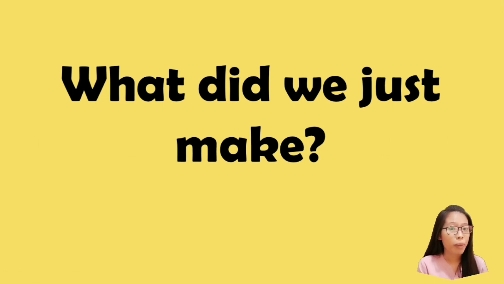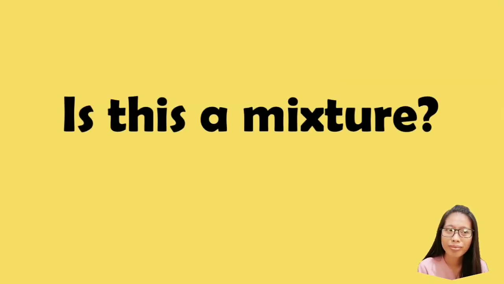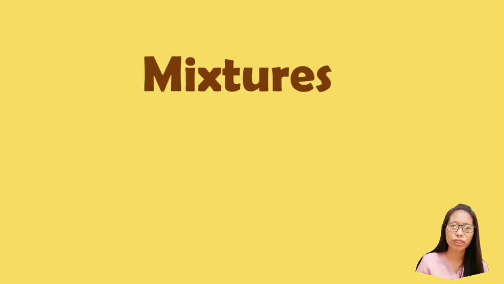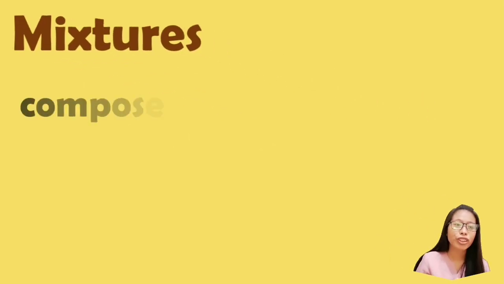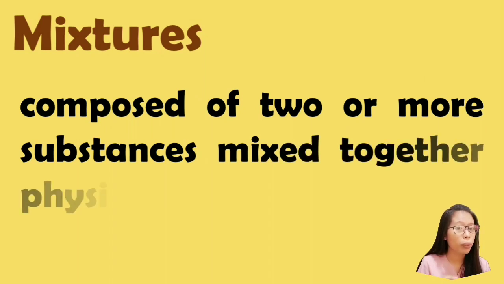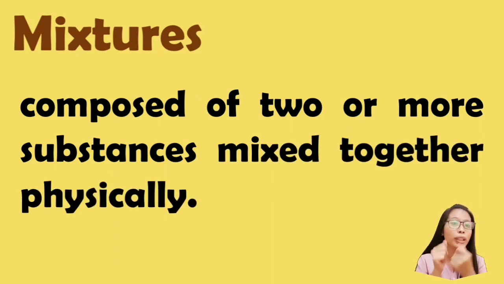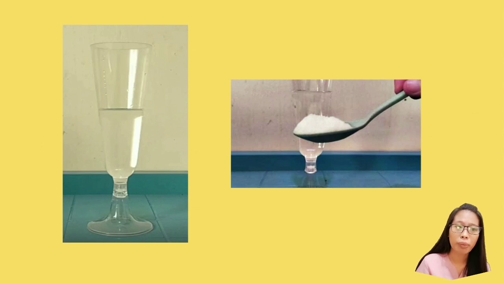What did we just make? Is this a mixture? What are mixtures? Mixtures are composed of 2 or more substances mixed together physically. We use 2 substances, water and sugar, to make a mixture.